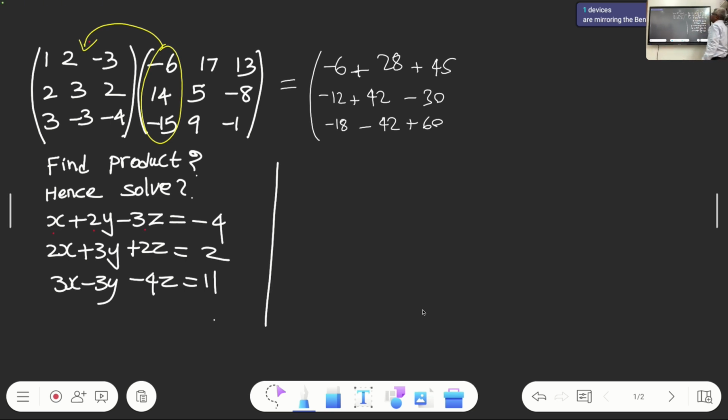And another thing, in this type of matrices you have to notice whether you are doing right or wrong. This can be any value, but this should be 0. If it doesn't come 0, your multiplication is somewhere wrong. Generally errors will come, so better find out in the beginning itself. See, minus 12 plus 42 minus 30, here it is 0. This is also 0. Okay, proceed.